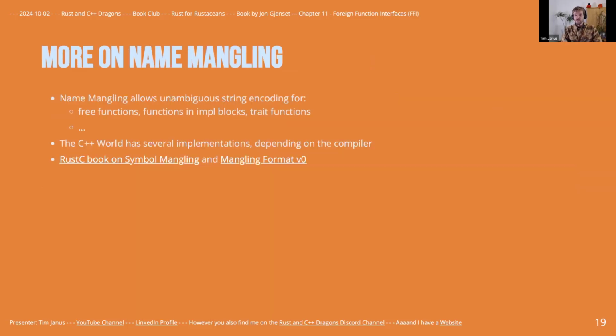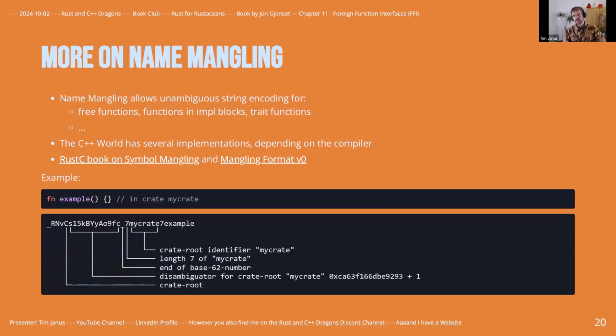Yeah, but this name mangling is quite important because, as you can imagine, when you end up having a struct with an impl block or trait functions, names are not so easy to be unique. And for name mangling, there are already several implementations in the C++ world. In fact, from a history perspective, a lot of compilers did their own thing in C++. In Rust, we have this mangling format v0, and I just took an example from the format's website.